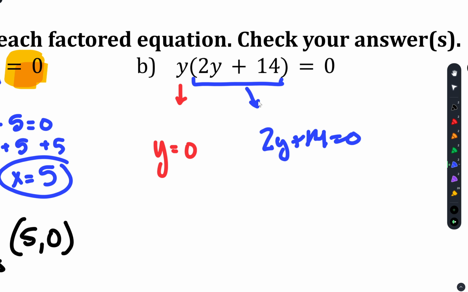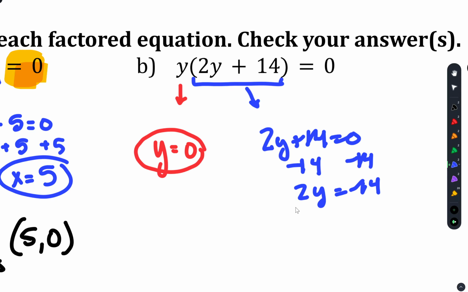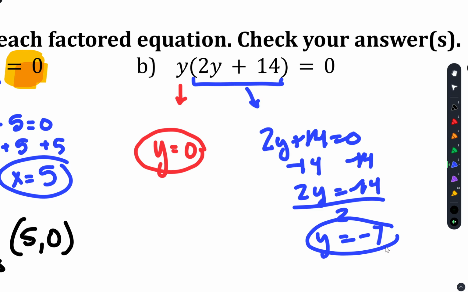Literally all we're doing is setting each piece equal to 0 and then solving for our variable. We use reverse order of operations, so we subtract 14 from both sides. 2y equals negative 14, and then divide by 2. So y equals negative 14 over 2, which is negative 7. Two solutions. Everybody cool with that?